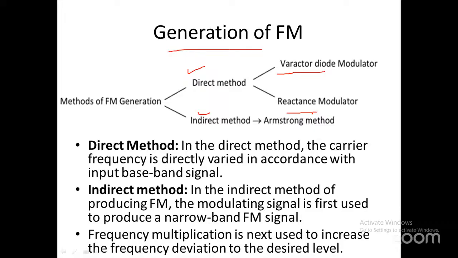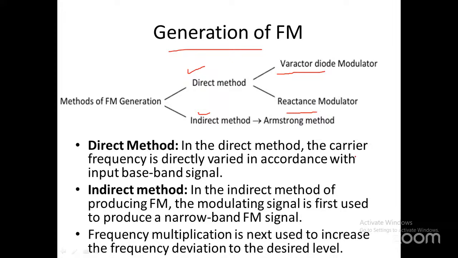There is no other mathematical equation. Whatever the output, the frequency of the output is made to vary according to the message signal amplitude. The same principle is applied in the direct method. It has some drawbacks. To overcome those drawbacks, they go for the indirect method.